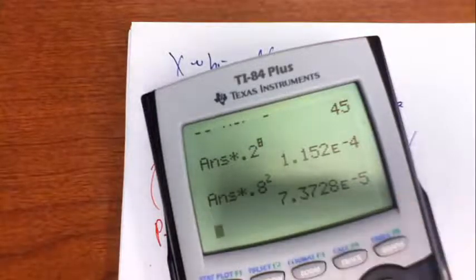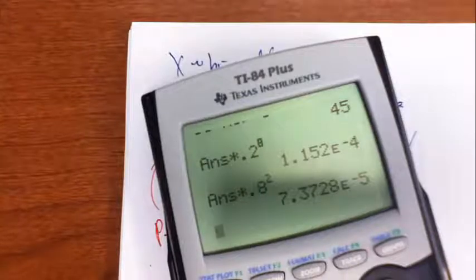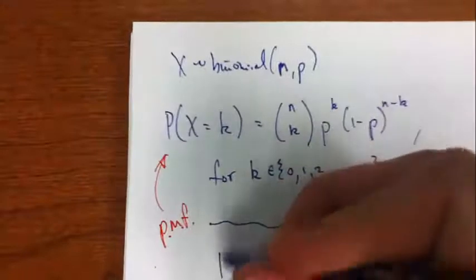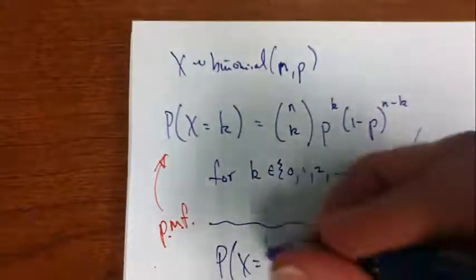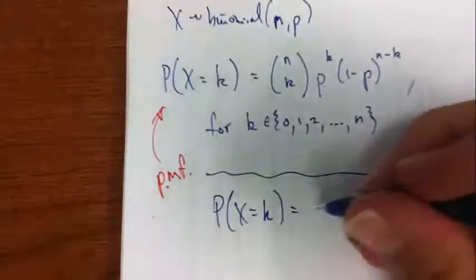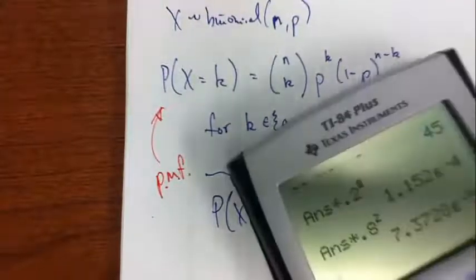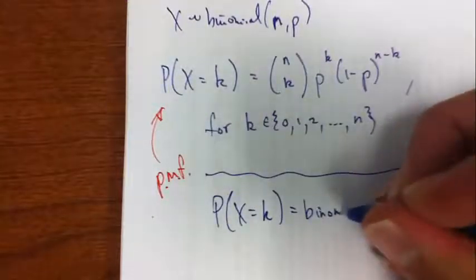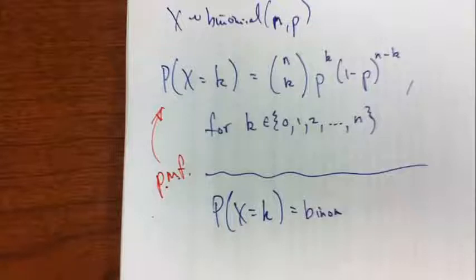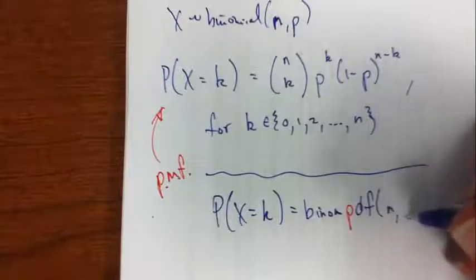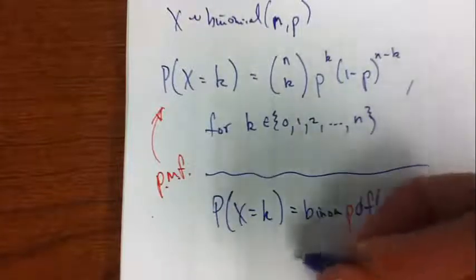By the way, you can also answer this question with your calculator. The chance that X equals exactly k, you can get with a TI-84 or TI-83 by doing binomPDF(n, p, k).